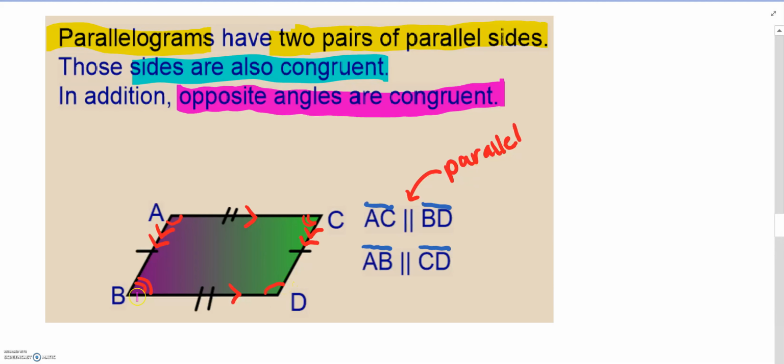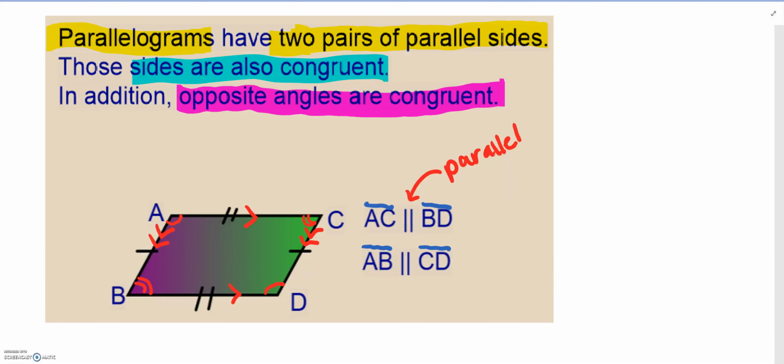We will also notice that angle B has two arcs and angle C has two arcs. That lets us know that angle A and angle D are congruent and angle B and angle C are congruent. So in this diagram, angle B and angle C are opposite angles and they are congruent to each other. Angle A and angle D are opposite angles and they are congruent to each other.